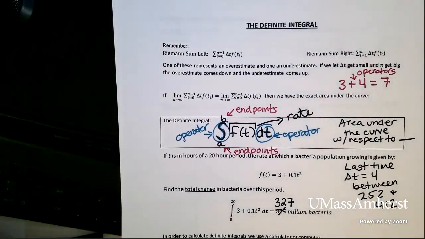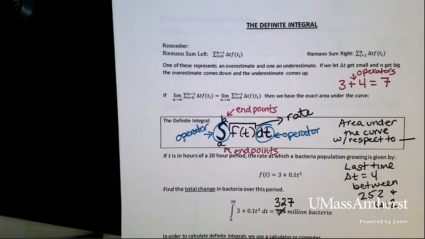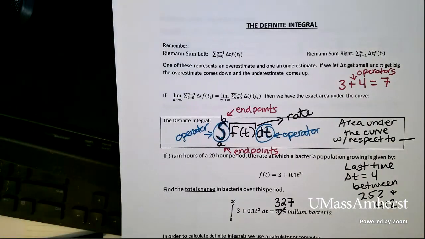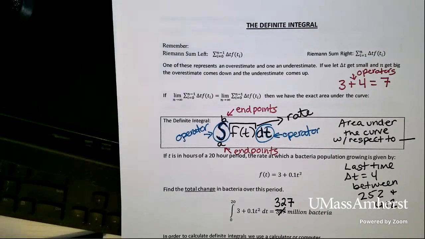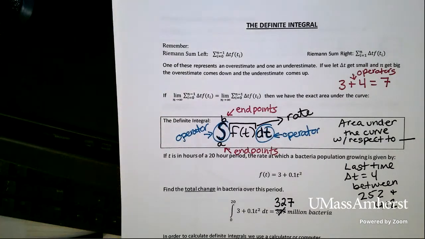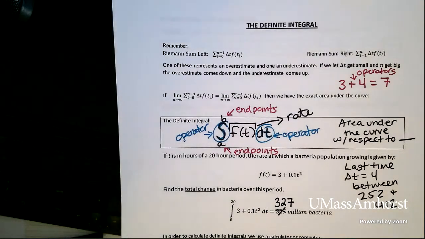And so it turns out that when we start this idea of area under the curve, we are going to start by doing this on a calculator, because what the calculator will do, or the computer will do, is it will fit in these rectangles, as many as it can, until the overestimate and underestimate are the same. If we do that by hand, that would be really complicated and it would take us a long time, right?